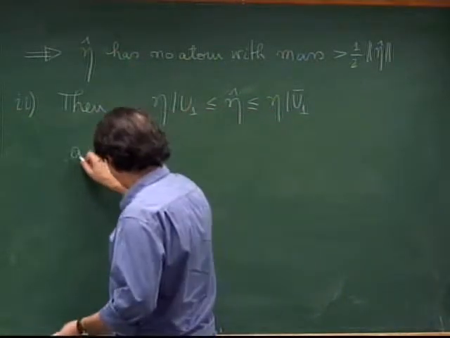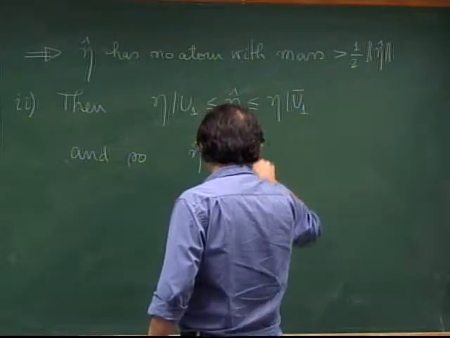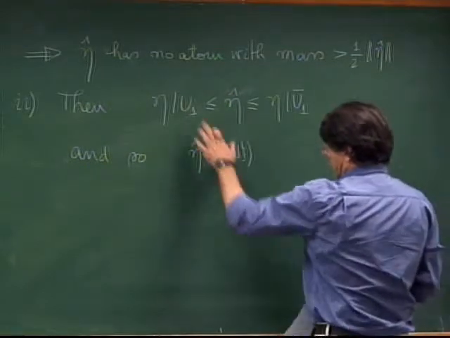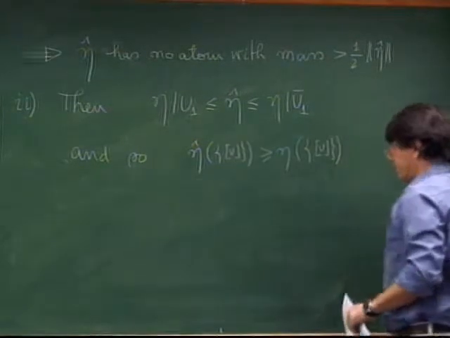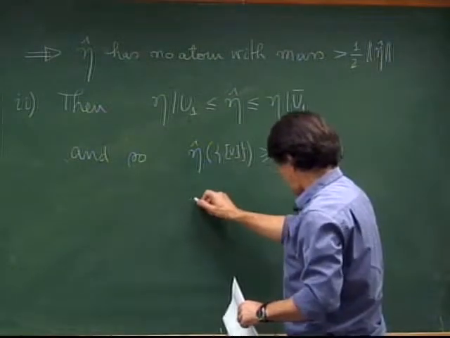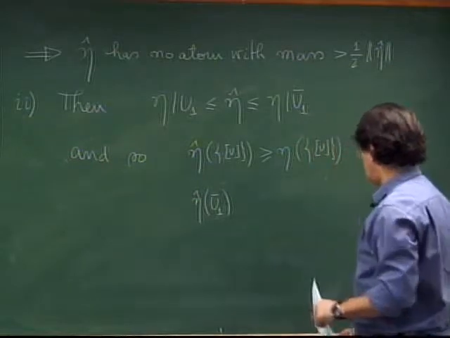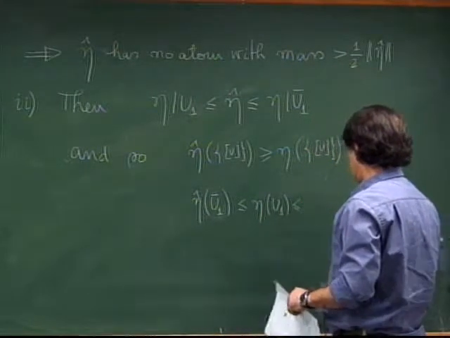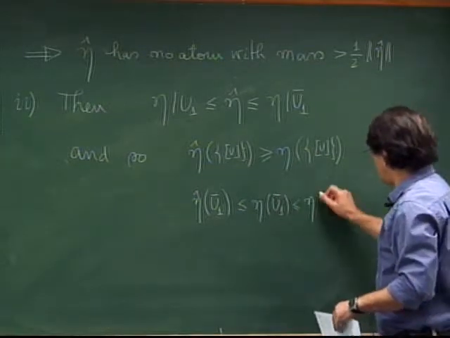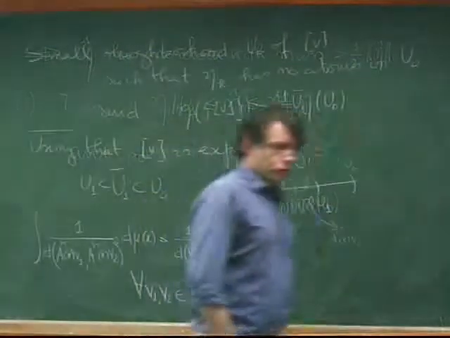And so, first of all, because of this inequality, eta hat of V is less or equal than eta of V. Eta hat of U1 is less or equal than eta of U1, which is less or equal than eta of U1 bar, which is less or equal than eta of U0, because I chose U1 contained in U1 bar contained in U0, a sufficiently small neighborhood.